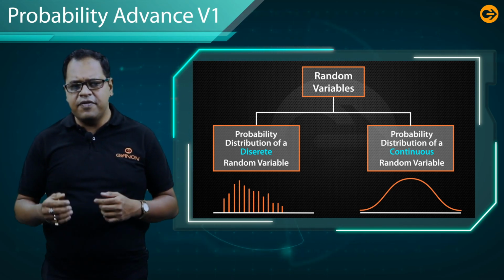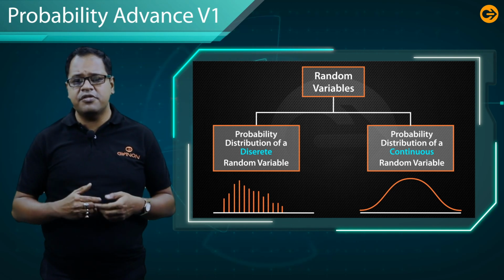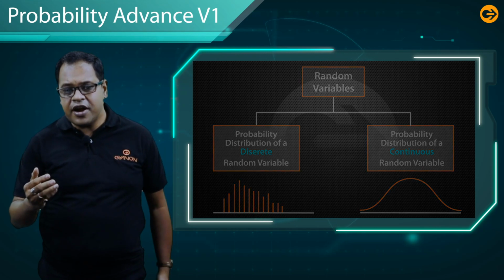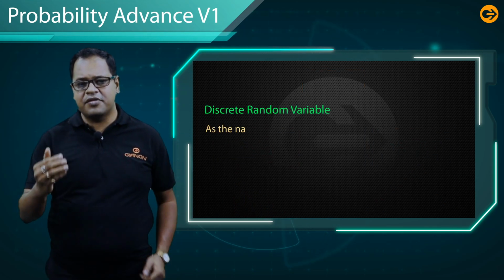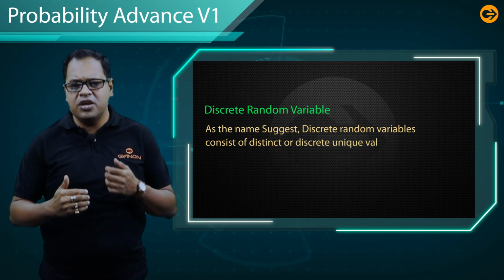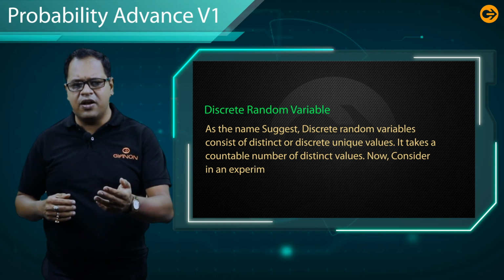A discrete random variable, as the name suggests, consists of distinct or discrete unique values. It takes a countable number of distinct values.